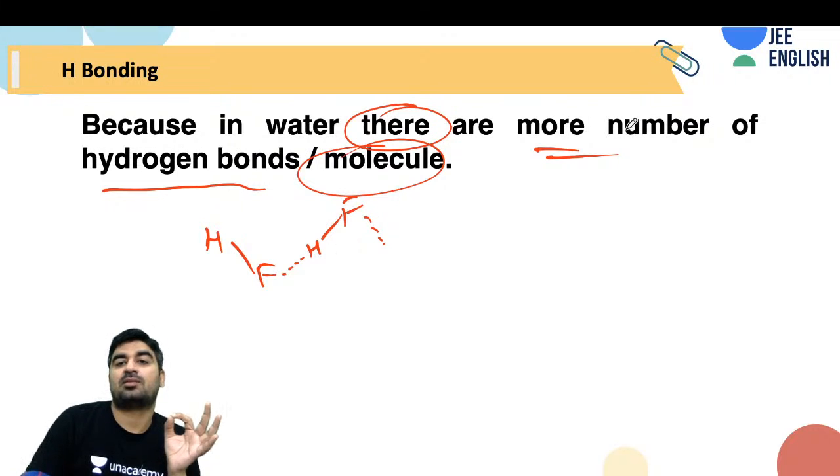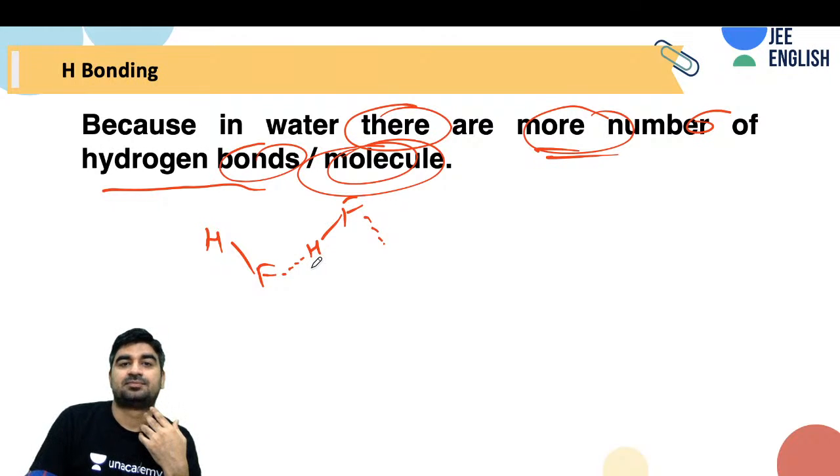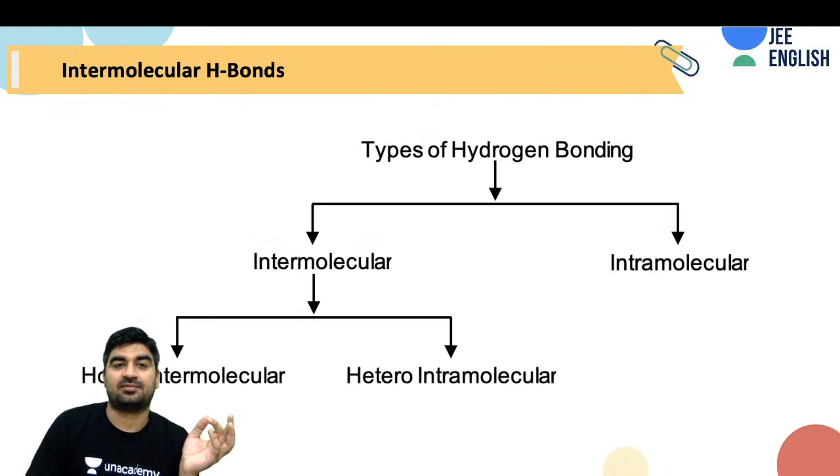In water, there are more number of hydrogen bonds per molecule. Any doubt? So that's why, although the HF bond is stronger, still boiling point of water is higher than HF.